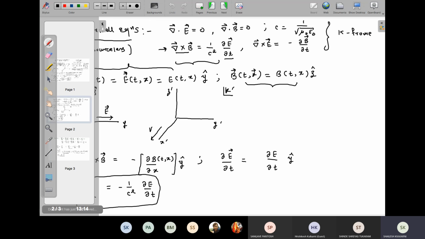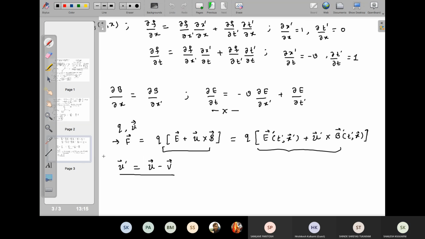Obviously, if you see these Galilean transformations, they are not going to change the direction of any vector. So this E prime, whatever that E prime vector may be, will still be along the y cap prime direction, but y cap prime is the same as y cap. So E prime will still be along the y cap direction, and B prime will still be along the z prime direction.